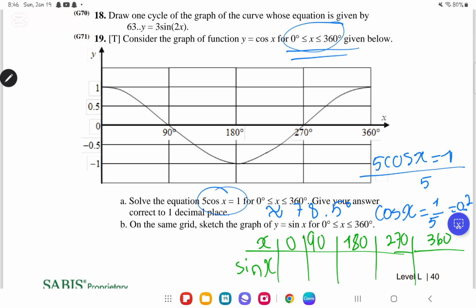So very simply, the sine of 0 is 0, sine of 90 is 1, sine of 180 is 0, sine 270 is minus 1, and then finally sine 360 is 0. So when we plot it, it's gonna look like this.